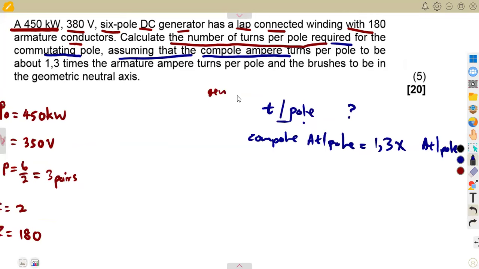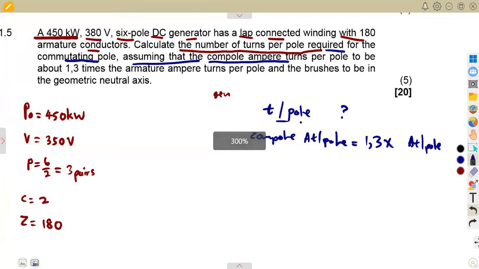Whatever you're given there, the brush is to be in a geometric neutral axis. Let us consider this question of the compoles. What is it that we need when working with compoles? When working with the compoles, it's about the armature ampere turns per pole.